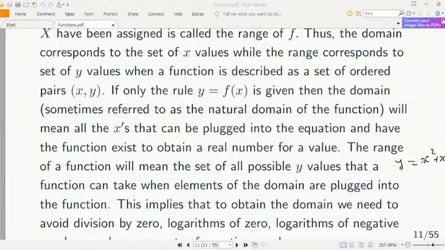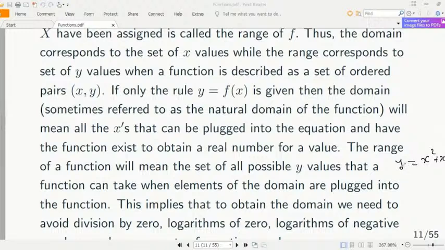What x values can I plug here? Any value that you plug here, it has to plug in. Then I get y is a real number. If I plug 3, y is a real number.